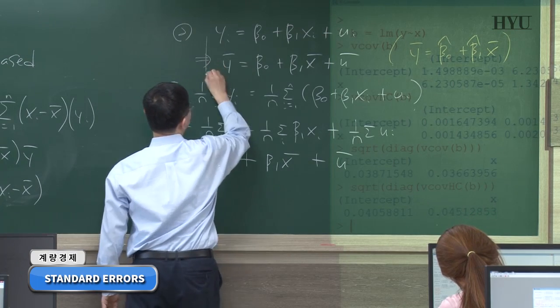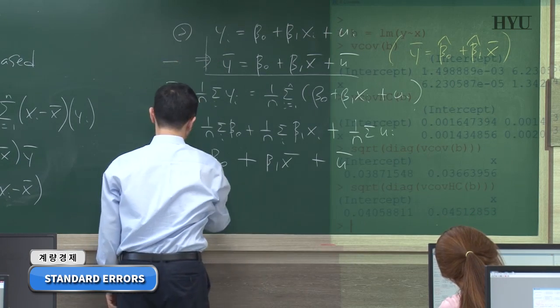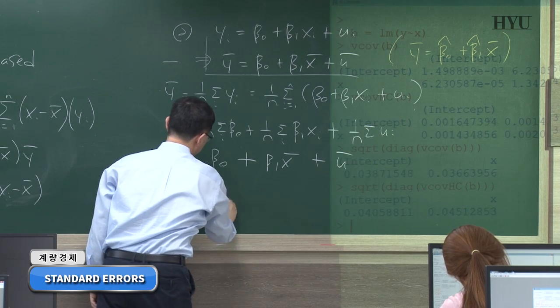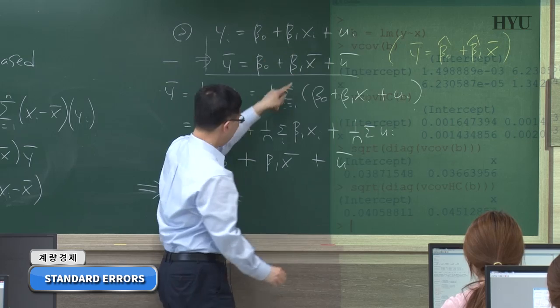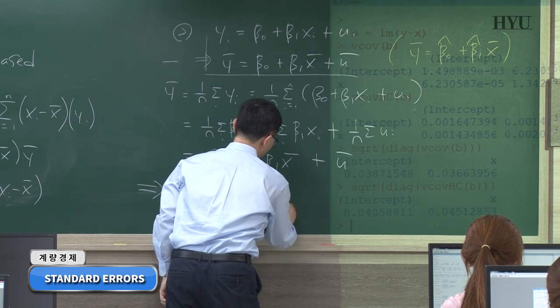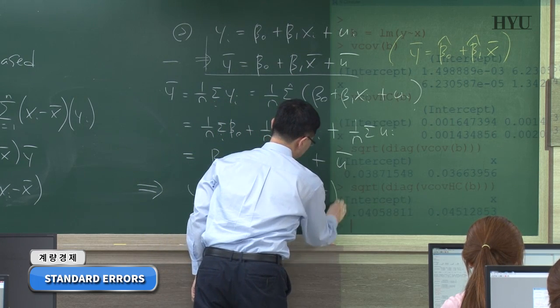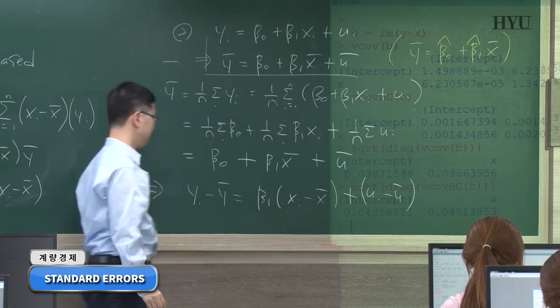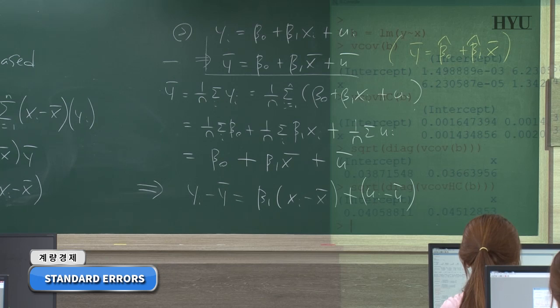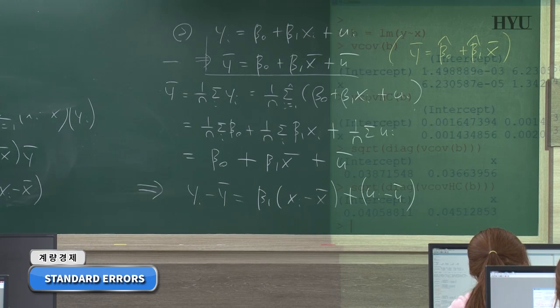Then, now beta null will be cancelled out, and beta 1 is a common term. So we have this relationship. So that's our step 2.